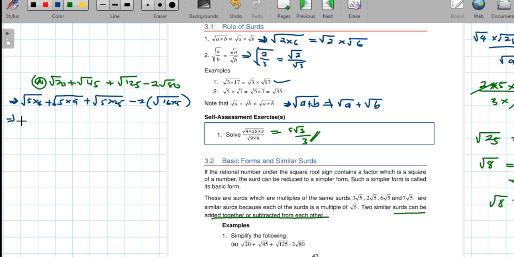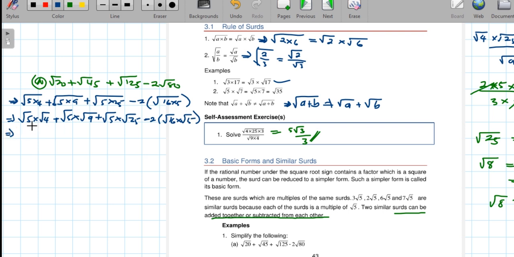So let's split this up. This will be square root of 5 times square root of 4, plus square root of 5 times square root of 9, plus square root of 5 times square root of 25, minus 2 into square root of 16 times square root of 5.